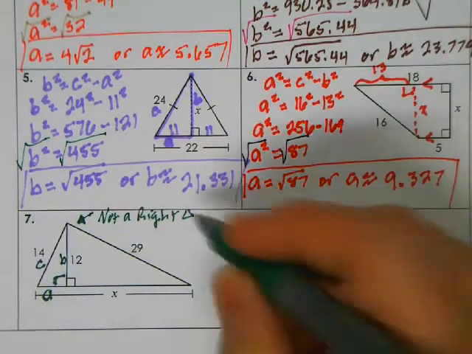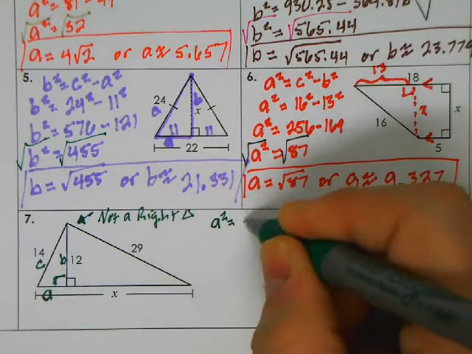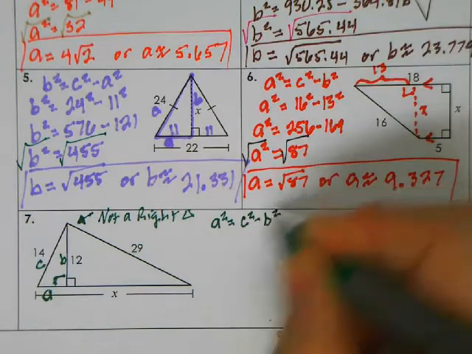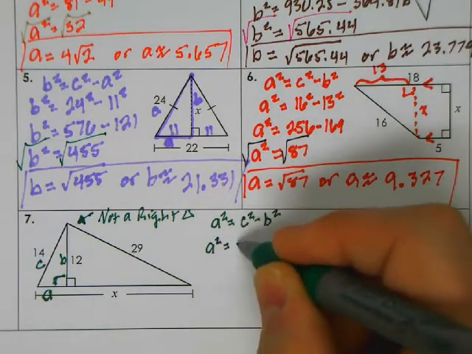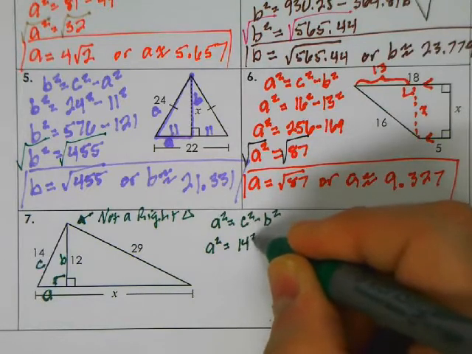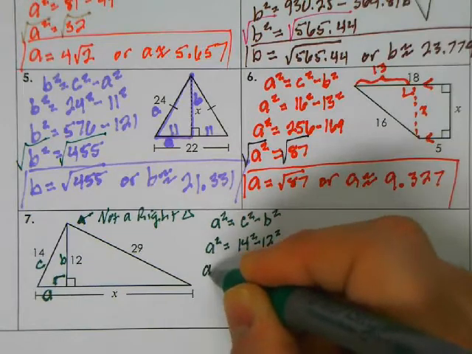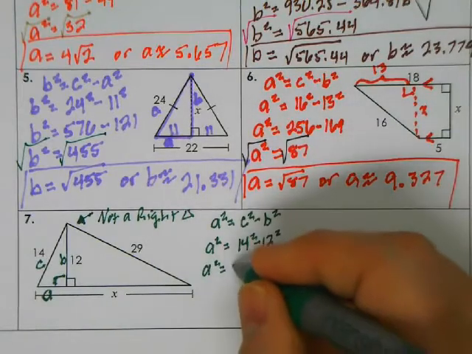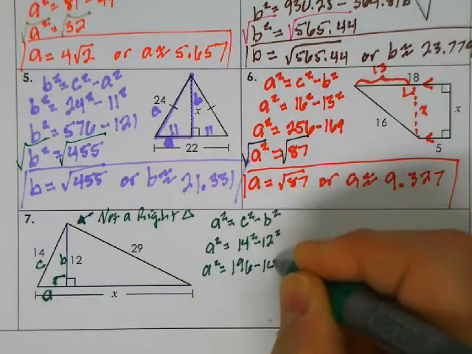So again, I want to find the short leg here, so I'm going to say a squared is equal to c squared minus b squared. So a squared is equal to 14 squared minus 12 squared. I don't know what 14 squared is off the top of my head. 196 minus 144.